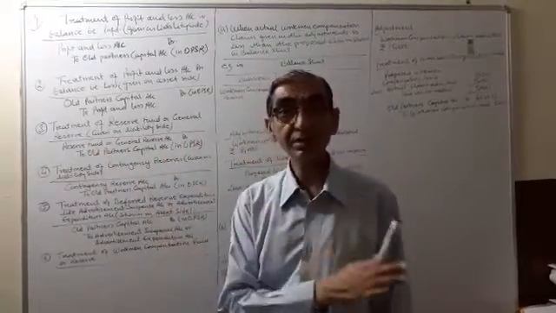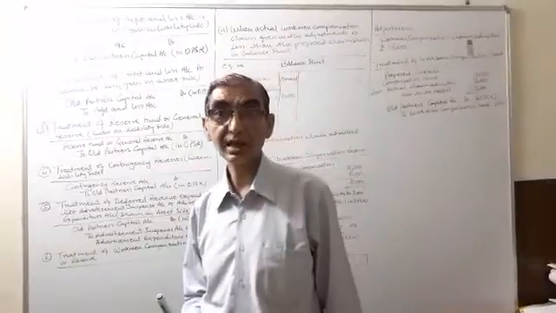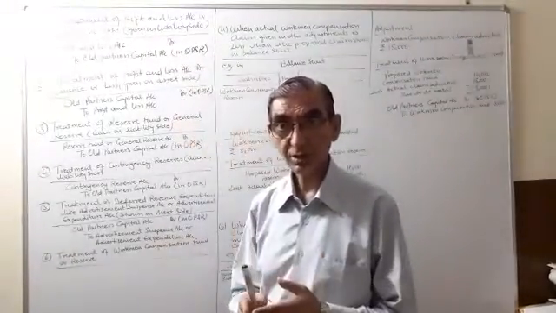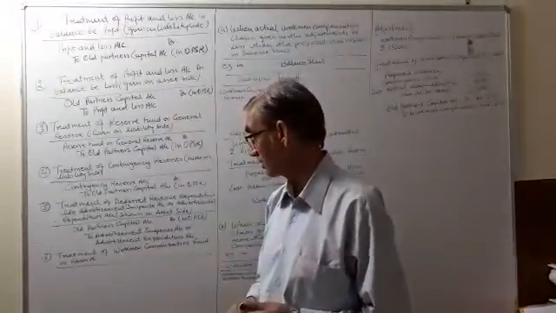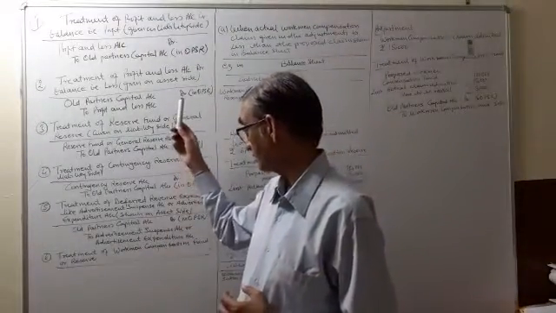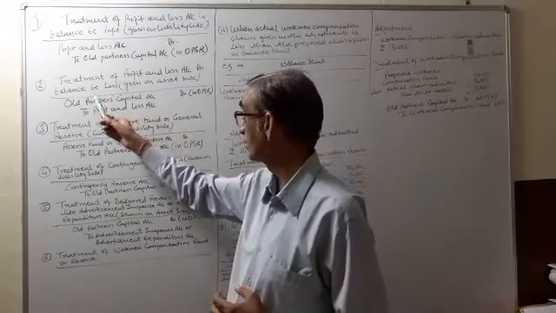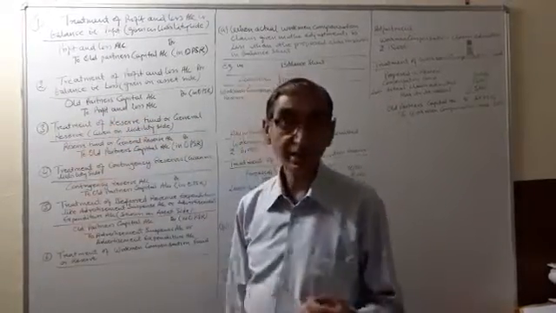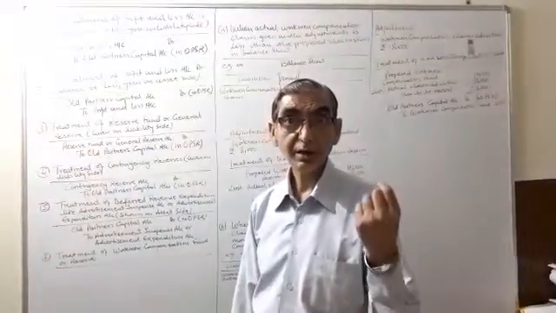This is also given on the liability side of the balance sheet. Either your reserve fund or your general reserve. They are also given on the liability side of the balance sheet, means they also have a credit balance.